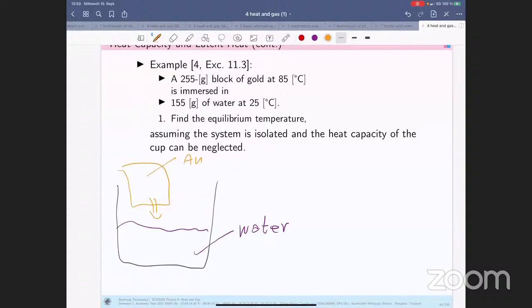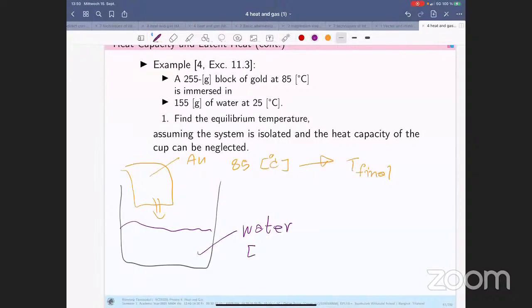The gold has a temperature of 85 degrees Celsius, the initial temperature, going to some T final, and you have the starting temperature for the water of 25. Okay, it's room temperature, right?